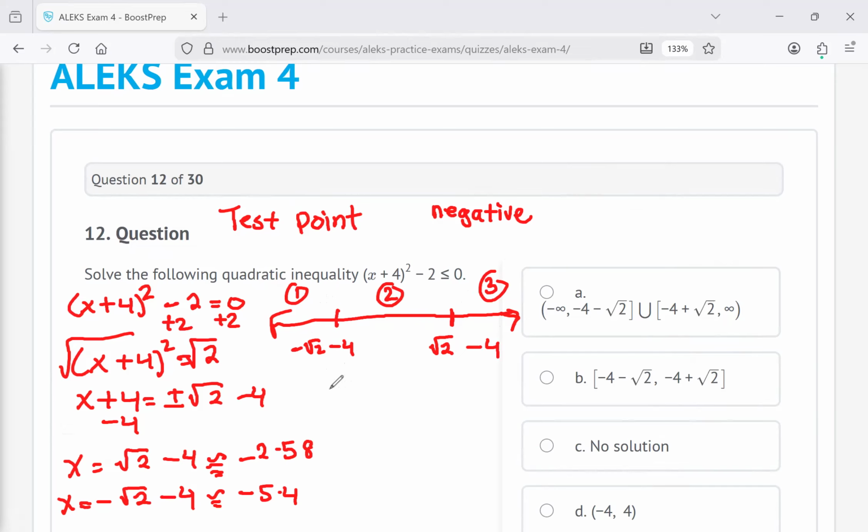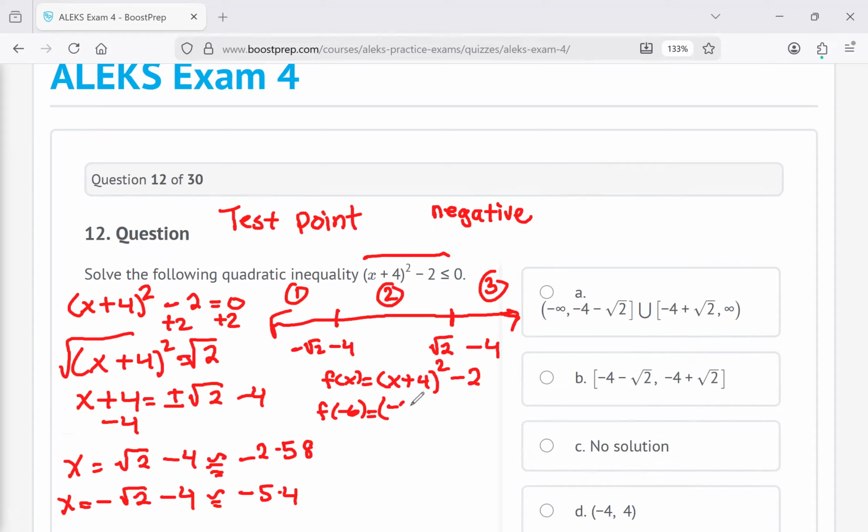So where do we plug it back in? We're going to plug it back into f(x), basically this right here, (x + 4)² − 2. Okay, so let's test region 1. I need a number smaller than this value. So this one is about negative 5.4, so maybe I could plug in negative 6.